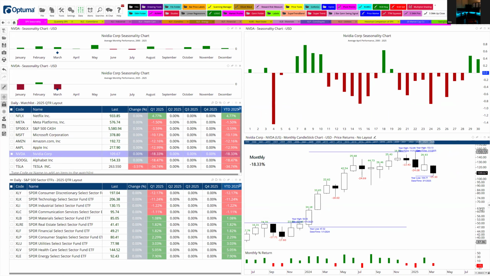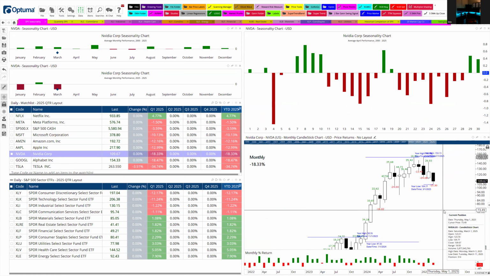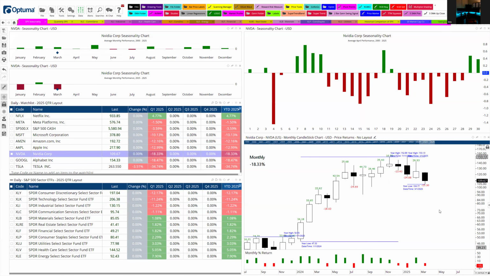Nvidia is very messy. Oh boy. Yeah, I need to stay away from Nvidia this month. It's an ugly seasonality.